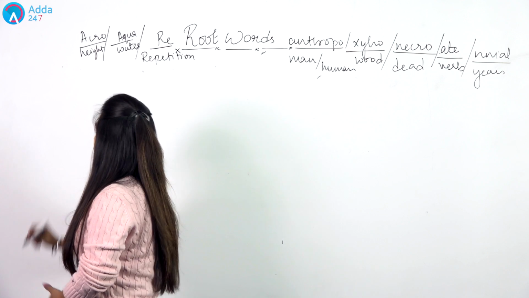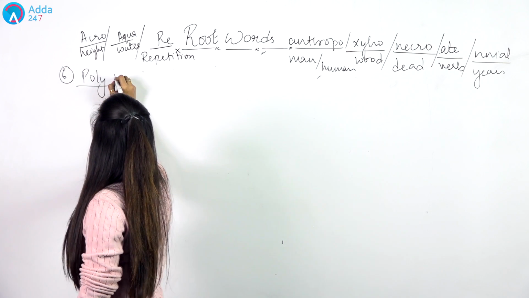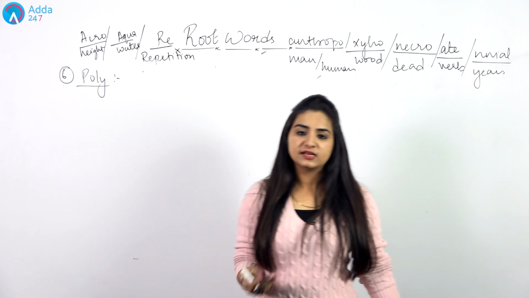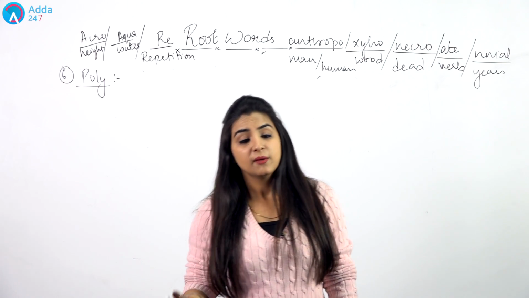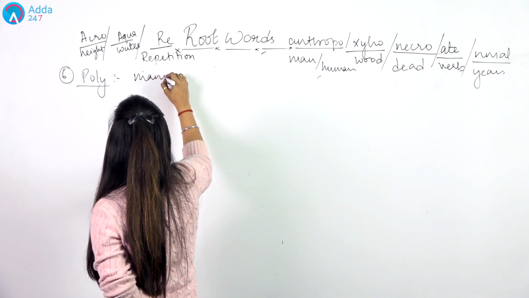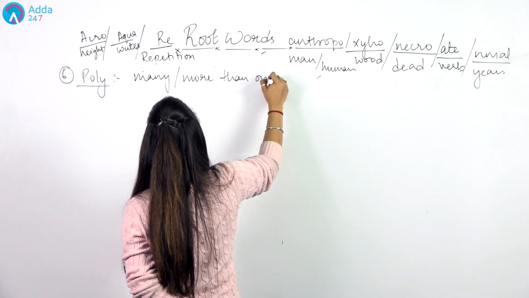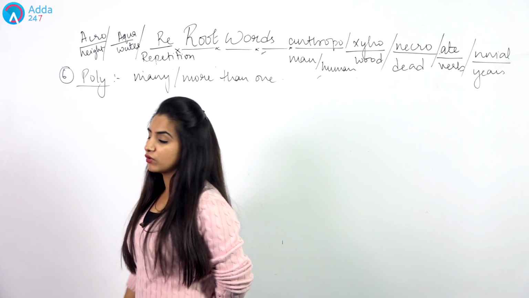With this we come to the last word, that is POLY. Just now we read about POLI, that defines city. But when I say POLY, this defines many or more than one, right? This defines more than one.